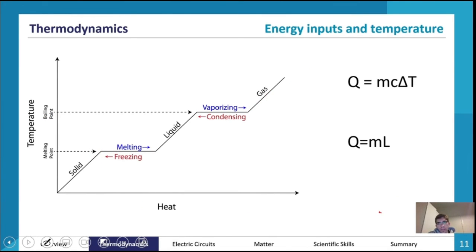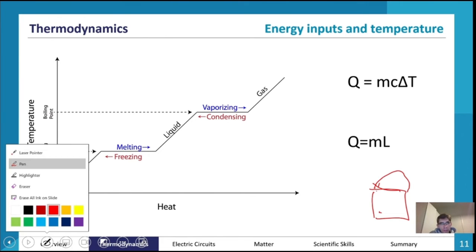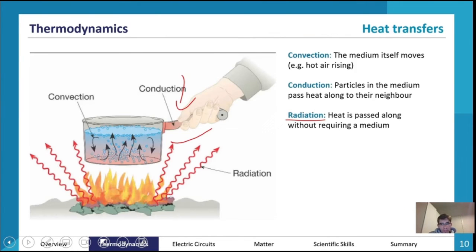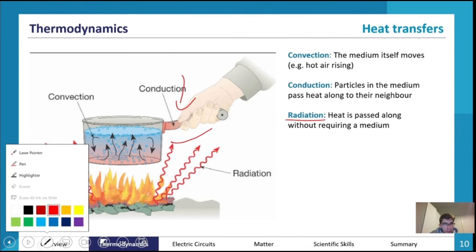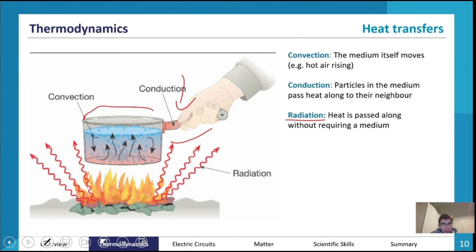But maybe the frying pan example was not the best. The best example would be a pot with a lid on top, because obviously if it's a frying pan, then things will escape. So imagine this stuff, but with a lid on top of it.